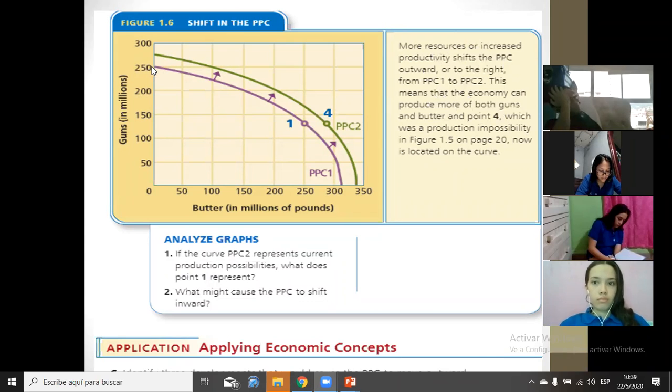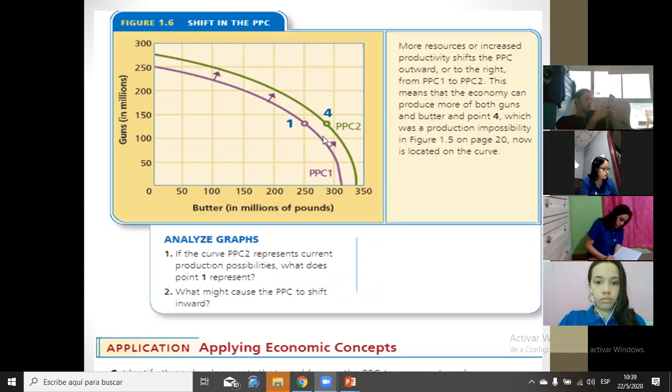It can produce from 250 up to maybe 280 million, around here. And this means that the economy can produce more of both guns and butter. And over here they produce 310 or 315, something like that. Now they are able to produce more than that over here, not here, here.